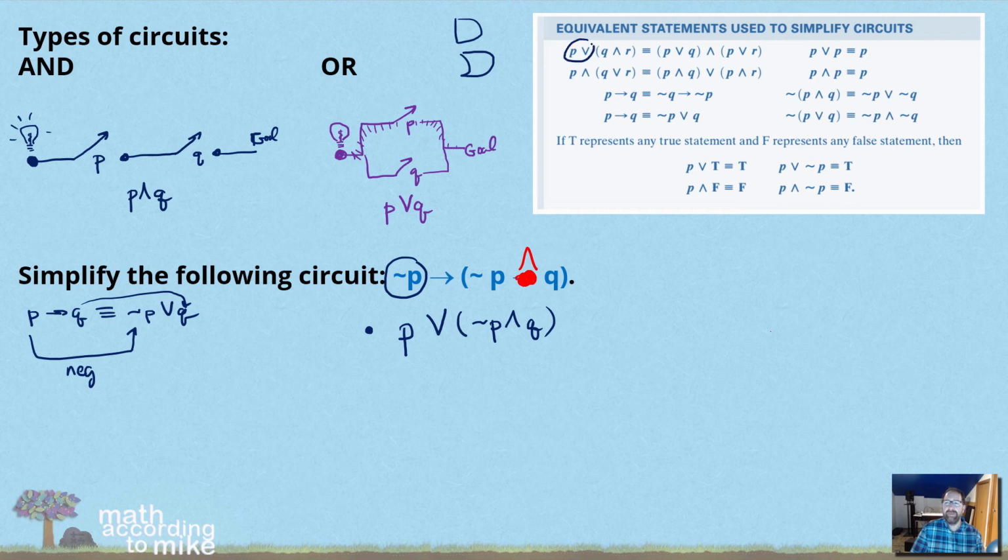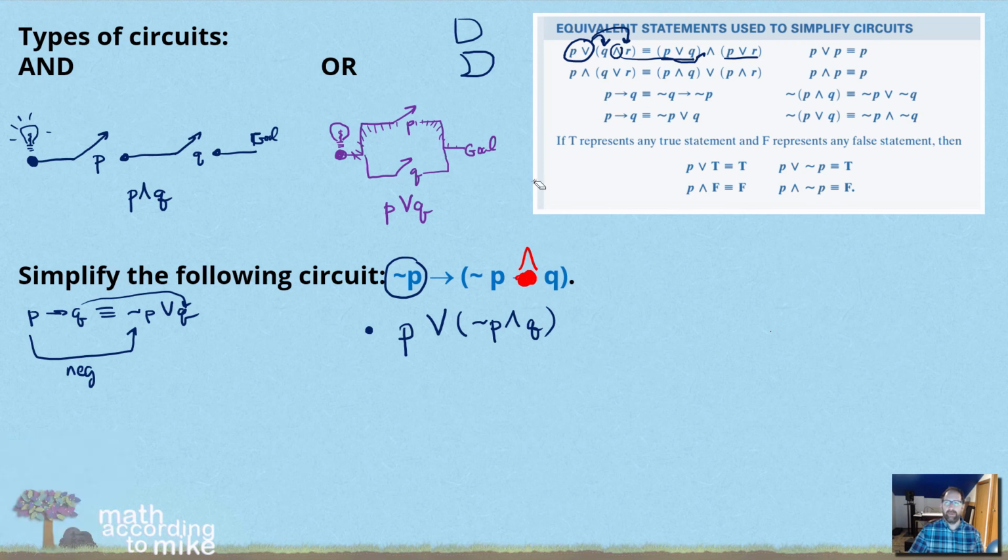And what's happening is this P or is being quote-unquote distributed to the Q and then to the R. So P or Q, P or R, and this is the symbol that goes in between. So that's the format we have. That's how this chart is used. You're looking for the format. You're putting things in places.